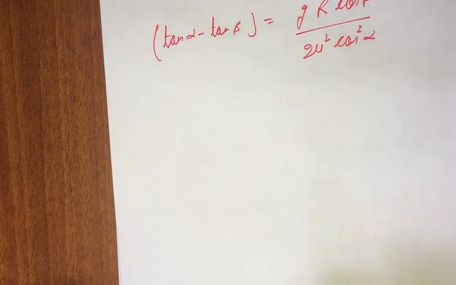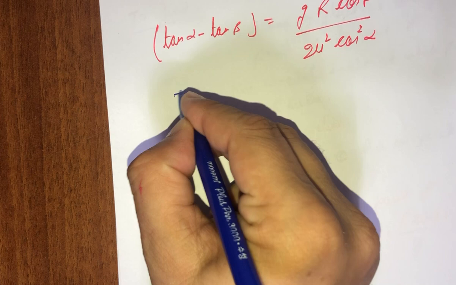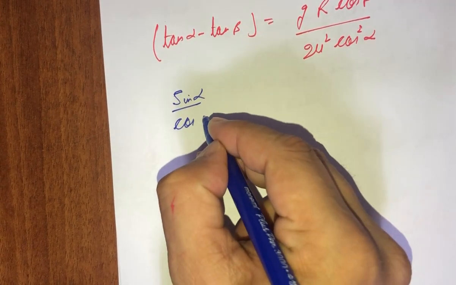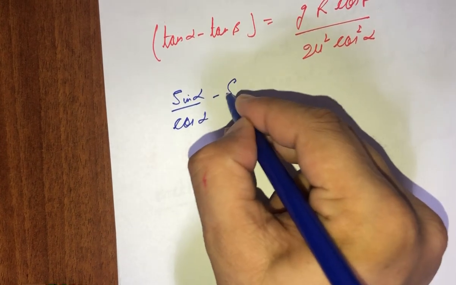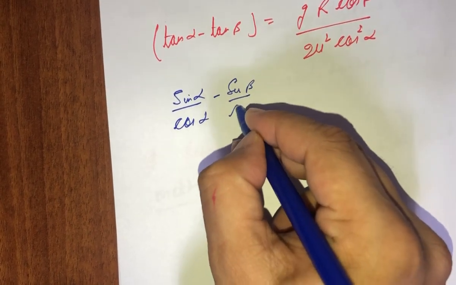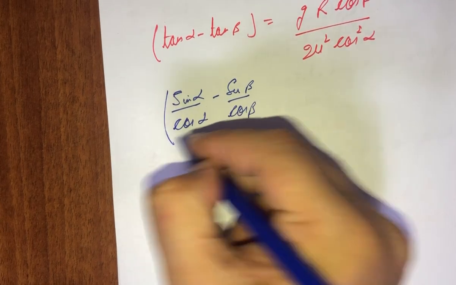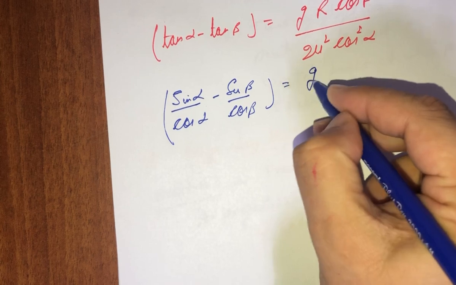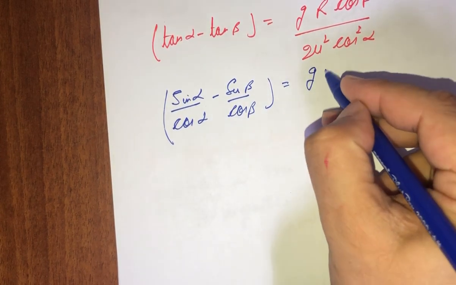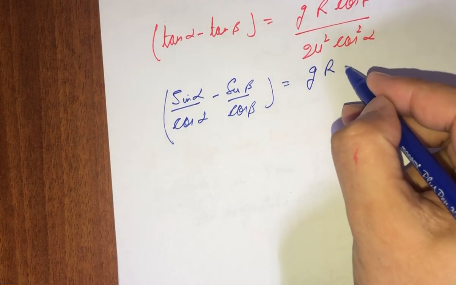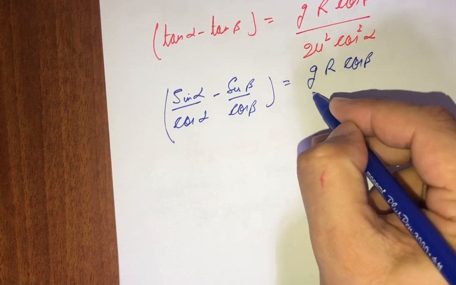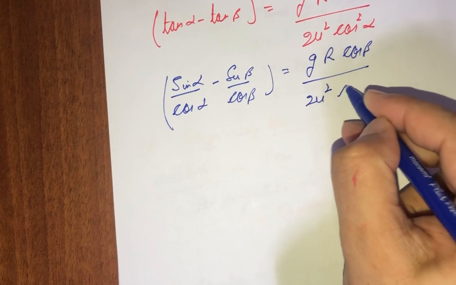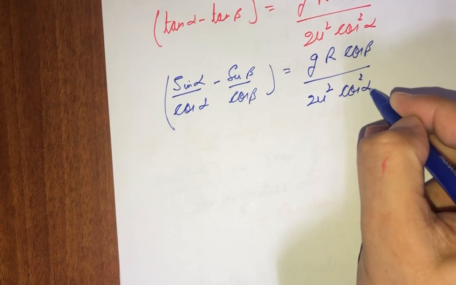Now tangent alpha and tangent beta can be written as sin alpha divided by cos alpha minus sin beta divided by cos beta, equal to g r cos beta divided by 2u square cos square alpha.